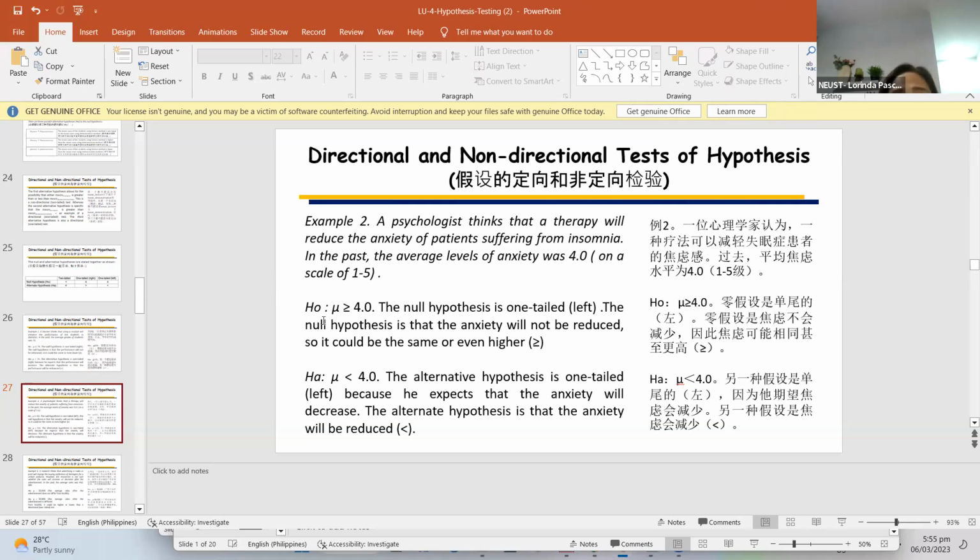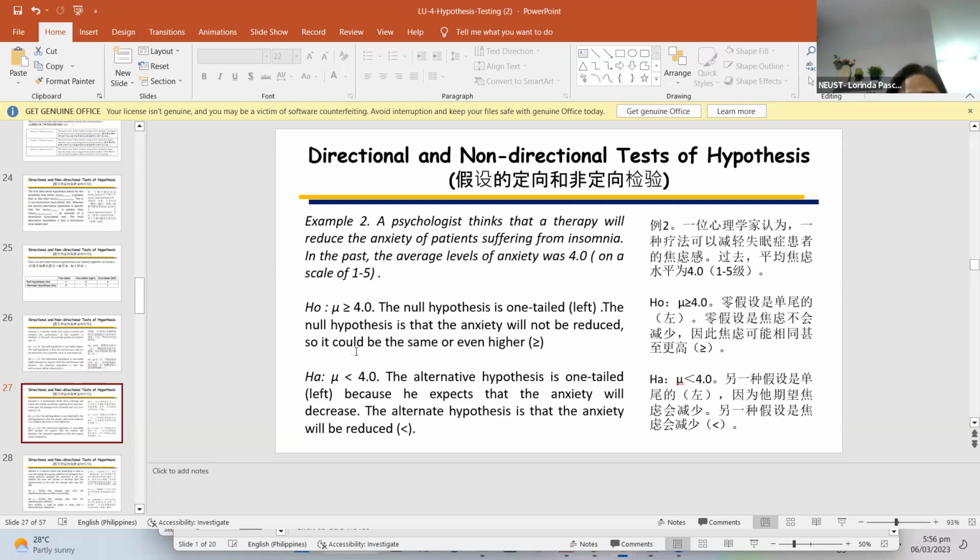H sub 0, the mean anxiety of patients is greater than or equal to 4.0. So the null hypothesis is one-tailed, but this time this is the left. The null hypothesis is that the anxiety will not be reduced kasi greater than or equal to siya. So it could be the same or it could be even higher.